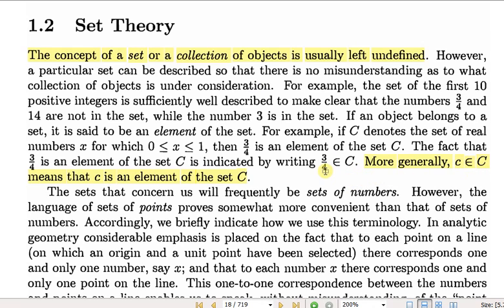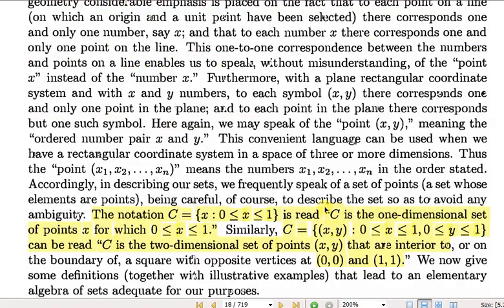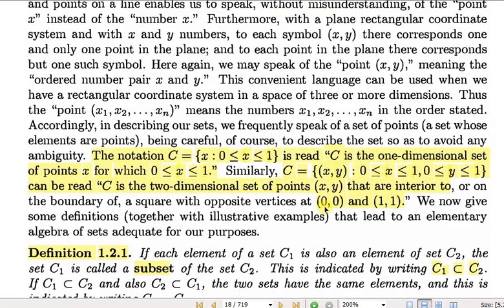The symbol means that c is an element of C. The notation C, like this.